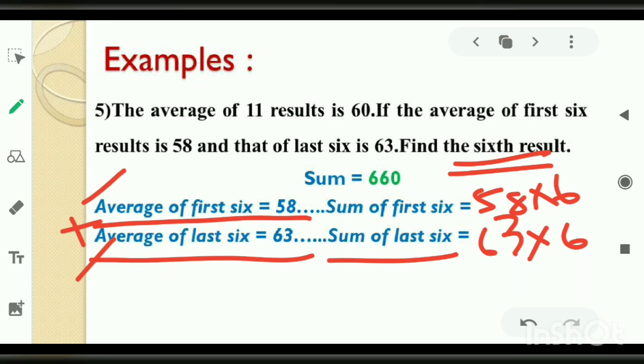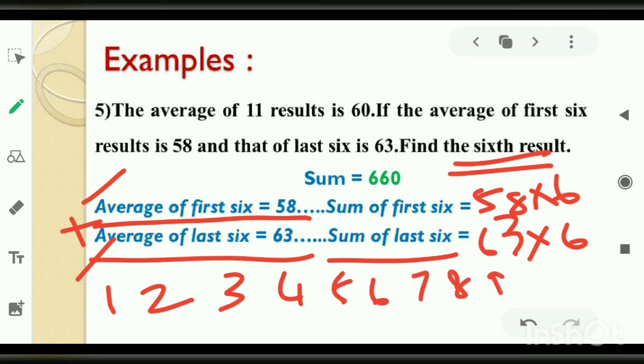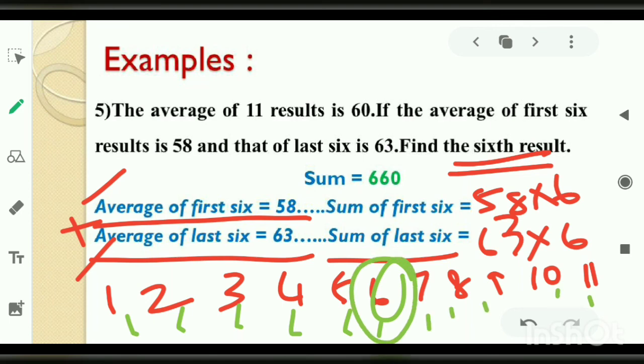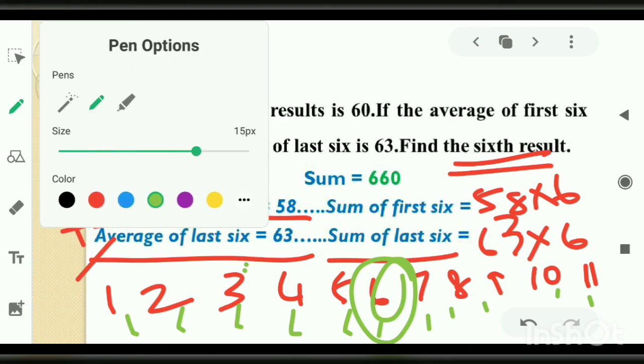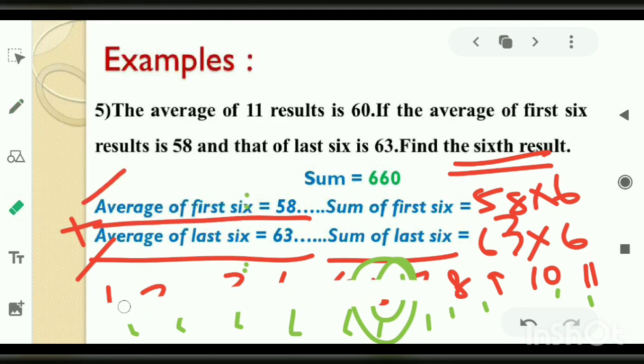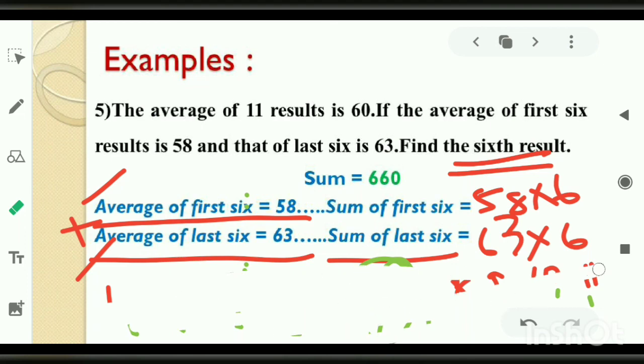In the 11 values 1, 2, 3, 4, 5, 6, 7, 8, 9, 10 and 11, the first 6 includes 1, 2, 3, 4, 5, 6, as well as the last 6 includes 6, 7, 8, 9, 10, 11. So, when we add these two values, it is nothing but the sum of the first 5 values plus the sum of the last 5 values plus twice the 6th value.